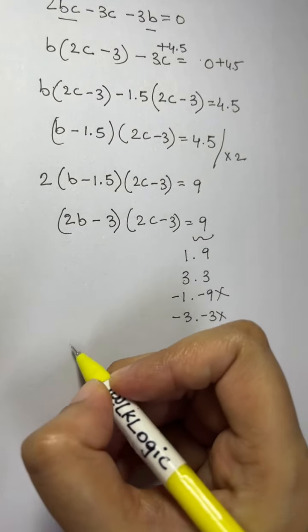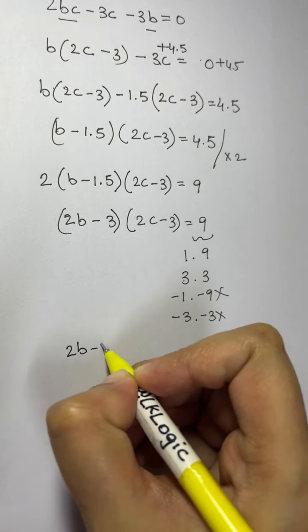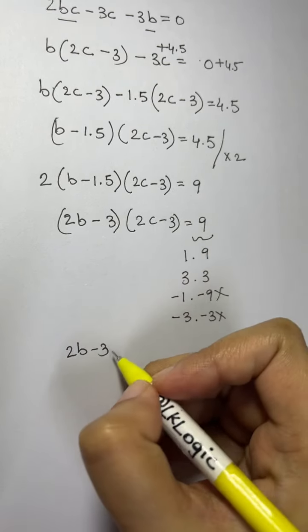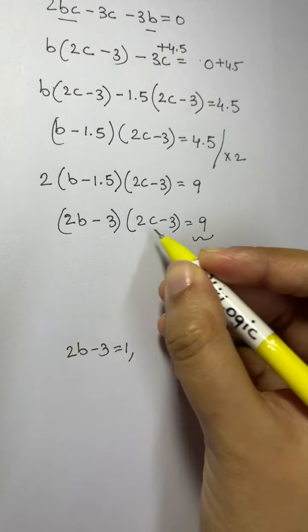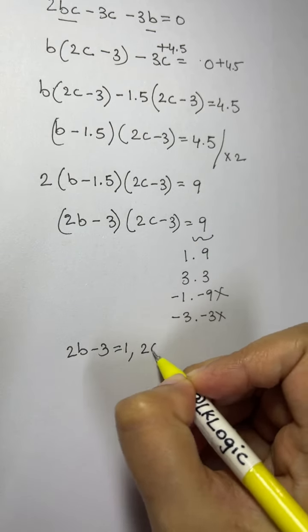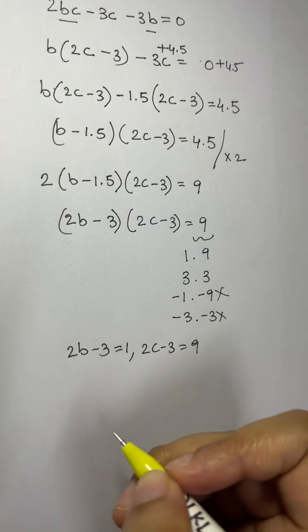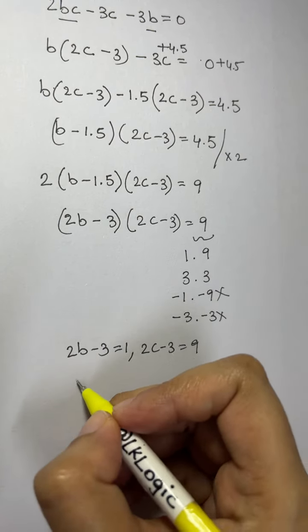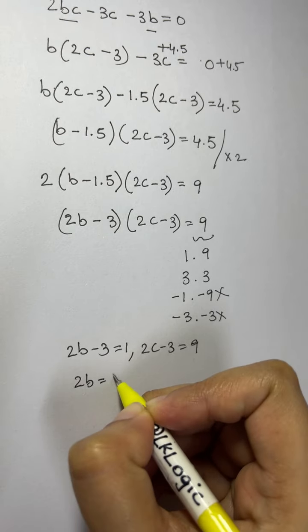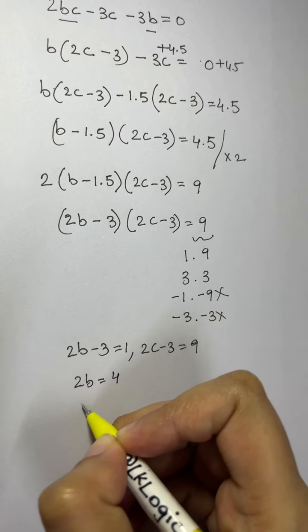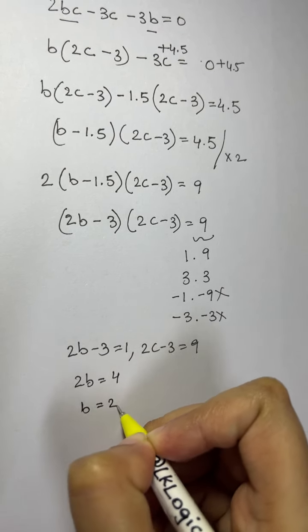Let's write it down. When 2B minus 3 equals 1 and 2C minus 3 equals 9, let's find the values of A, B, C. So here 2B is equal to 4 and B is equal to 2.